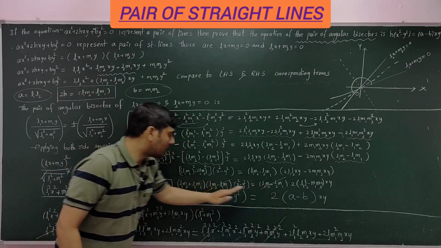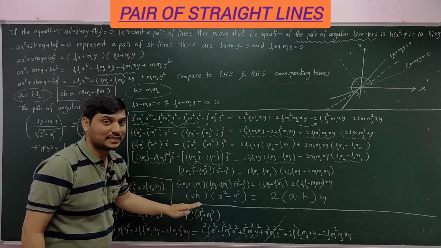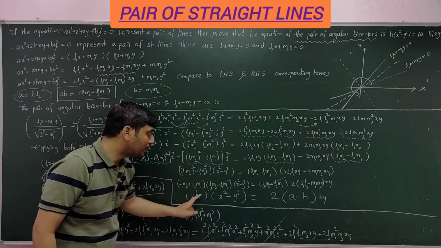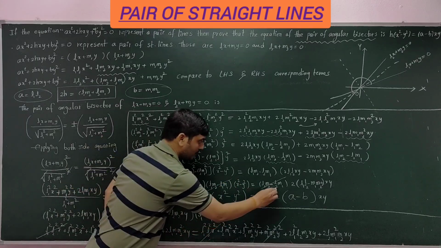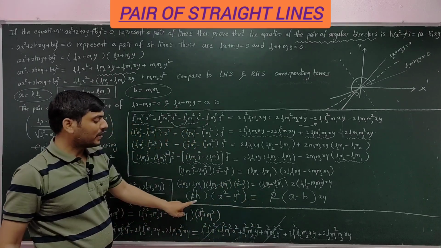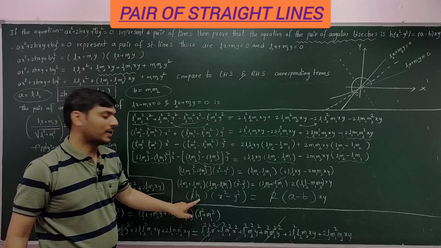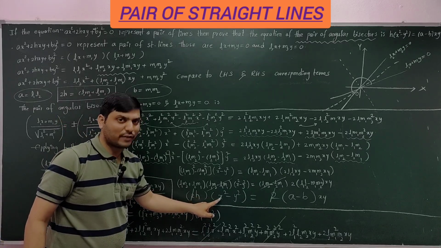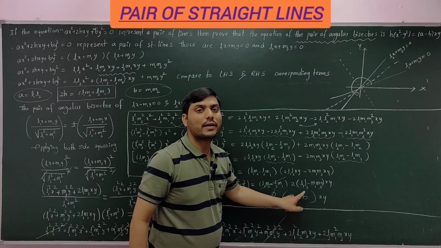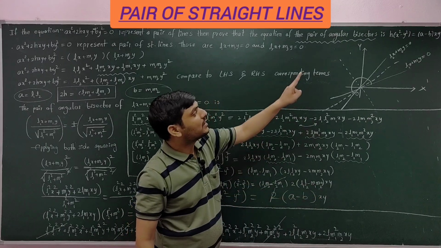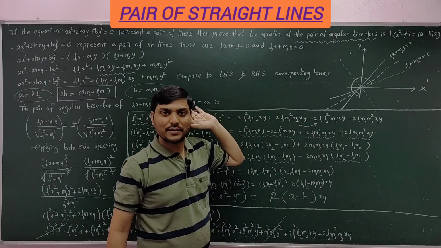Now these two terms on the left and right hand sides are both cancelled. The remaining term, tell me: H of x square minus y square equals (A minus B) into xy. Hence proved. Is it clear, students?